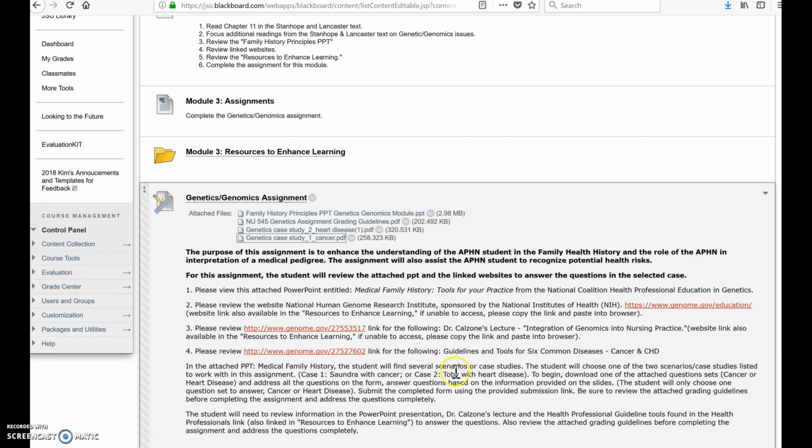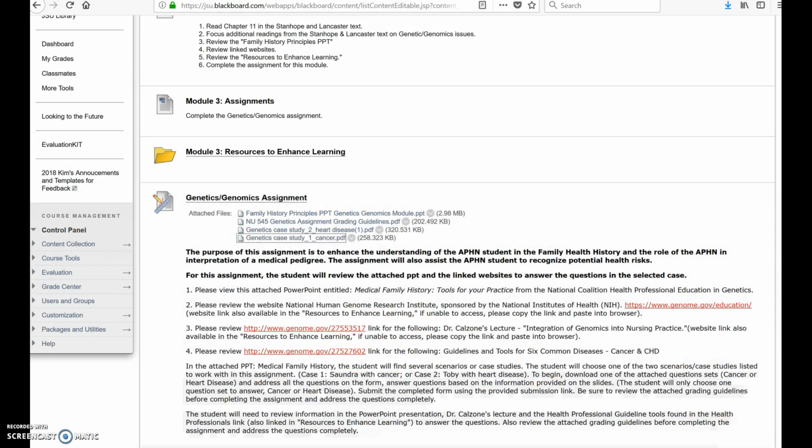And then lastly, there are guides and tools for the 6 common diseases found on this website here. This is actually an addition to the second one that we looked at, the National Human Genome Research Institute. But go to that and you can look through that as well.